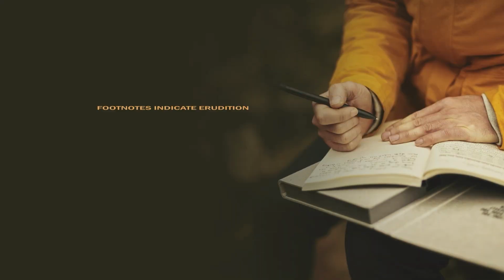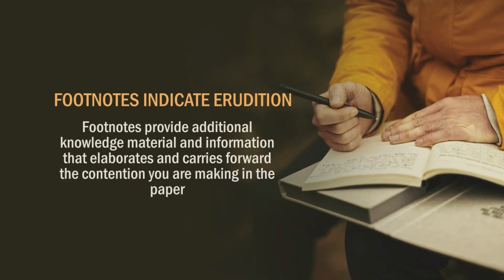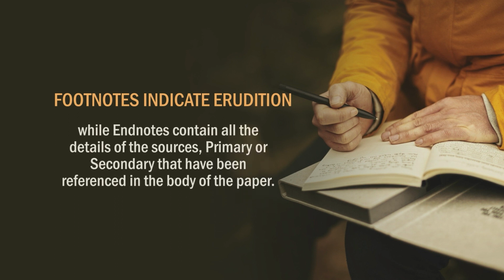So we now understand that footnotes provide additional material and information that elaborates and carries forward the contention that you are making in the paper, while endnotes contain all the details of sources, primary or secondary, that have been referenced in the body of the paper.